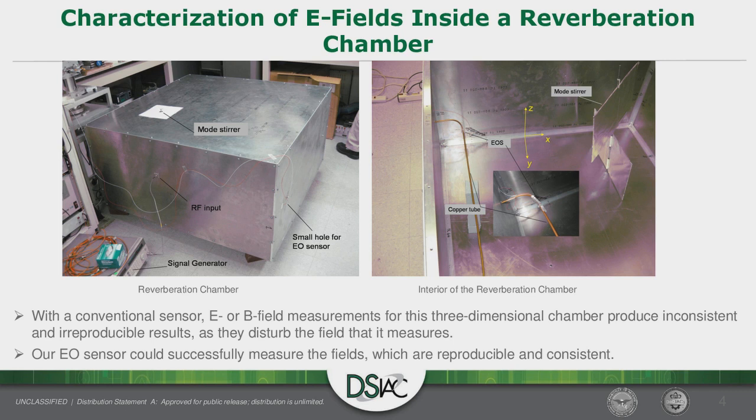Whenever they tried to do that, they got very inconsistent and irreproducible results. Even if they carried out the same experiment in the same condition, they couldn't obtain reproducible results with conventional sensors. So we replaced the conventional sensor with the electro-optic sensors here and there. Then we performed the experiment, and we got very reproducible and consistent results. That is one example of the advantage of our sensor that can be used for test and evaluation.